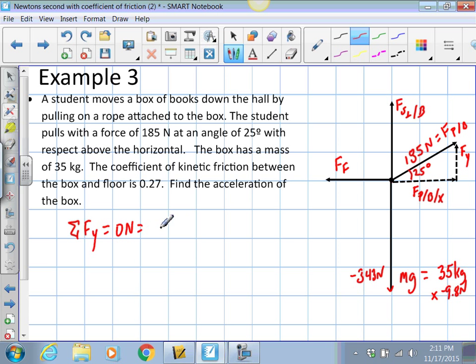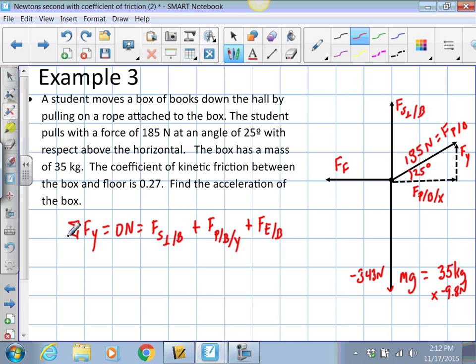And that would equal, for summing forces, force surface perpendicular to books, plus force pull on books in the y, plus force earth on books. Okay, so we've got 3 forces in the y.